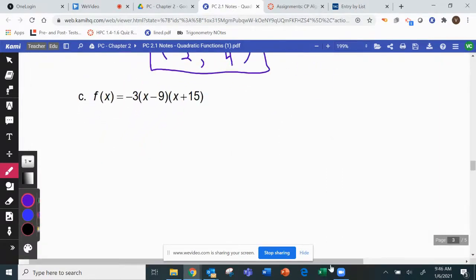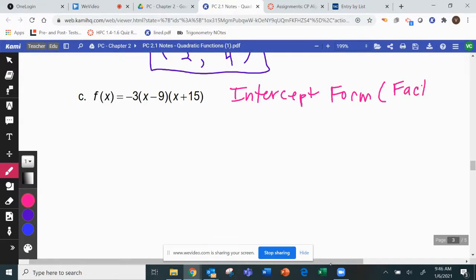Okay, now we've got our last example, and this is intercept form, which I like to call factored form. And this one we're going to do a lot of work with in this chapter, intercept form. So when we have intercept form, to find the axis of symmetry, we actually need the x-intercepts first.